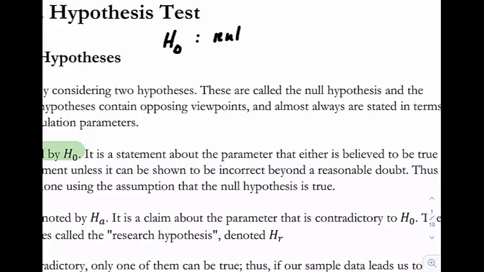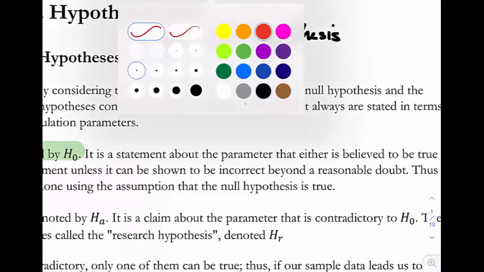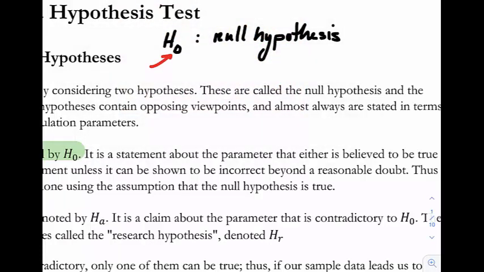So this is the symbol here, null hypothesis. It really is H naught, and it's not N-O-T. It's a little weird: N-A-U-G-H-T. And that's common in mathematics to use the naught.